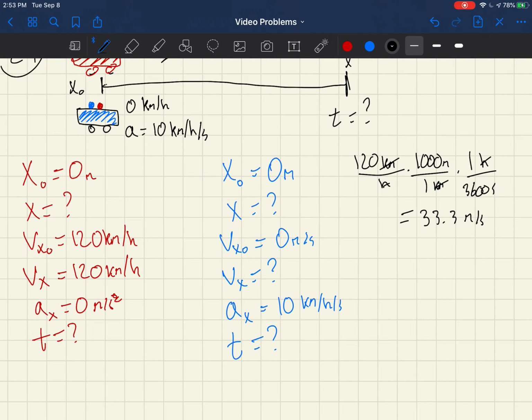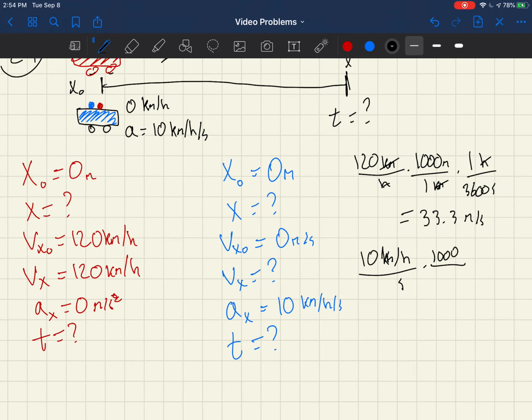Okay, now the weird one. 10 kilometers per hour per second. We really want the kilometers per hour to change, so let's leave the per second up top like that. We already know if we want to go from kilometers per hour to meters per second, we just multiply by 1,000, divide by 3,600.